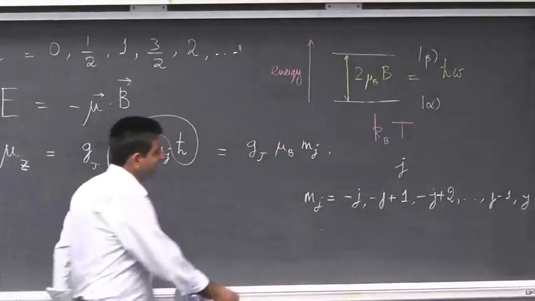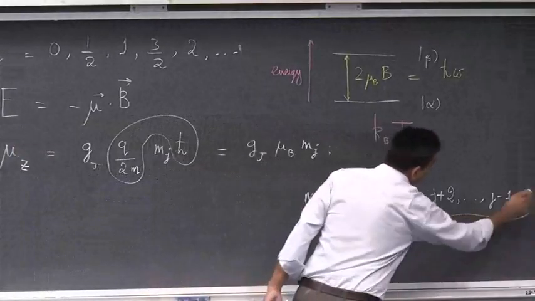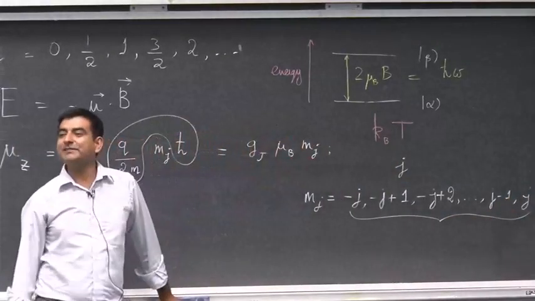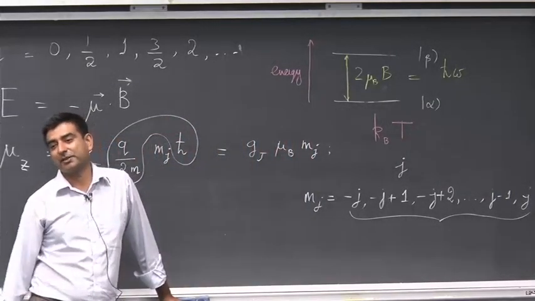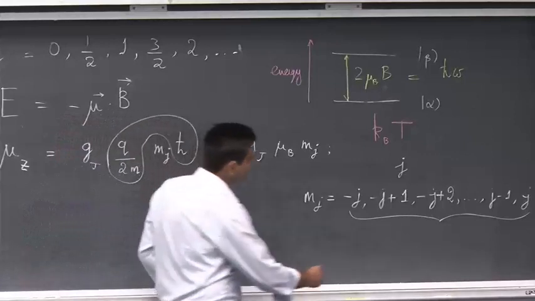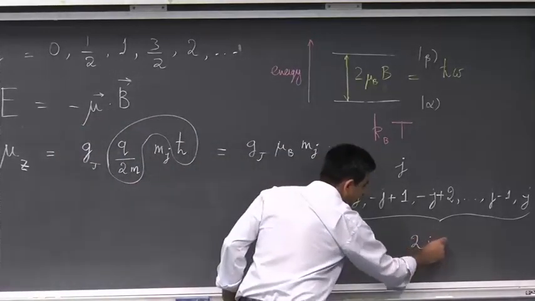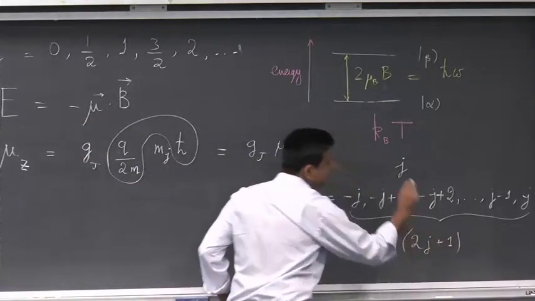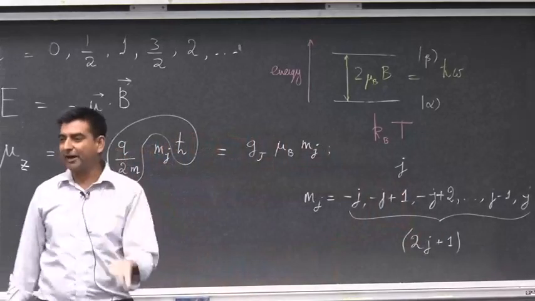And how many are they? What is the degeneracy of the jth quantum state? 2j plus 1. These are 2j plus 1 states. Okay? So think about the hydrogen atom.